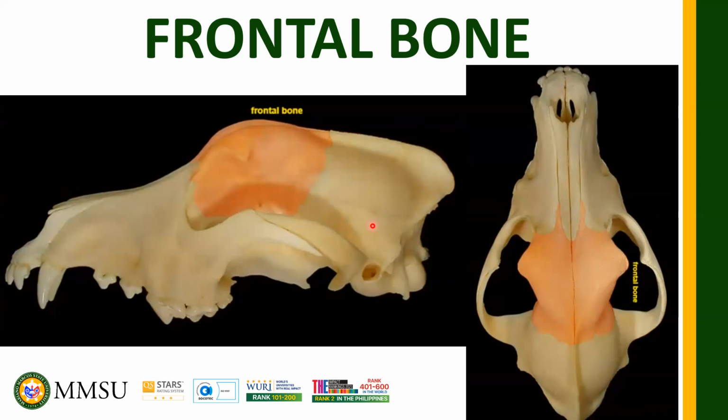So which is very important for the sense of smell. So pag intact yung nasal cavity, actually it helps yung mga animals natin na makapag-detect ng food sources. Okay? And even yung makapag-detect sila ng threat coming from their predators, no? Okay? So that is for the frontal bone.